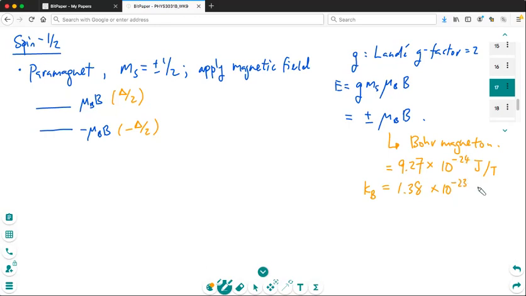Okay, and put the unit. This is Joule per Kelvin. Okay, these are actually very, very close. Look at it, this is nearly 10 to the minus 23. This is a large number, the same order of magnitude. Okay, so these two are comparable. And therefore, you can really discuss the interplay between the two energy scales, the field energy scale and the thermal energy scale. And when they are comparable, that is when you see the most interesting physics.